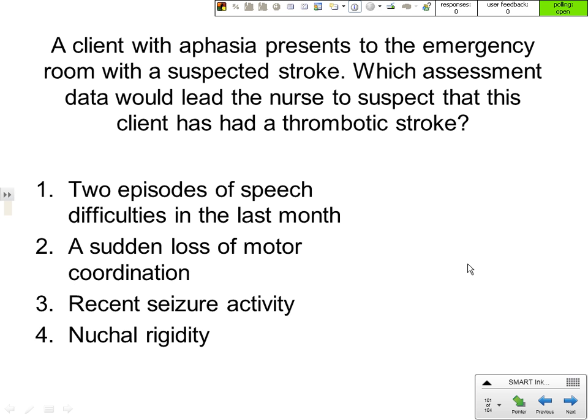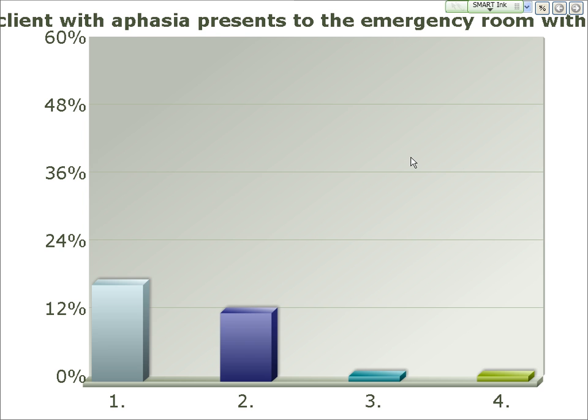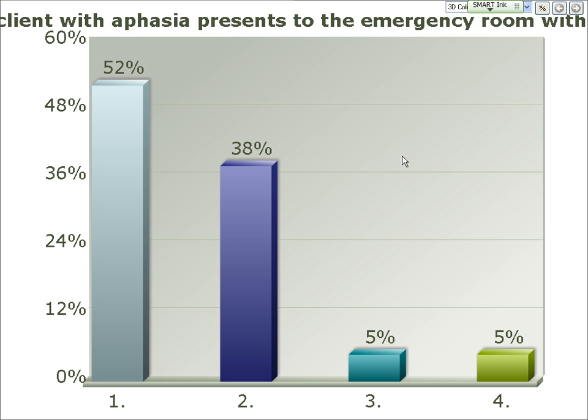Which assessment data would lead the nurse to suspect that this client has had a thrombotic or ischemic stroke? 2 episodes of speech difficulties in the last month, a sudden loss of motor coordination, recent seizure activity, nuchal rigidity. 2 episodes of speech difficulties, 38% sudden loss of motor coordination.